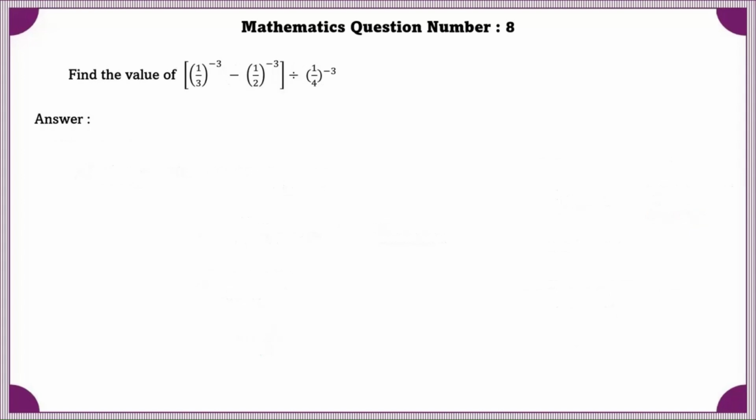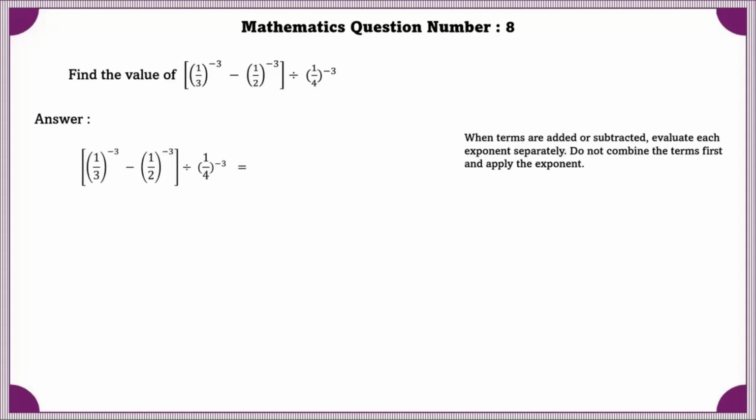Mathematics question number 8. Find the value of 1 by 3 whole to the power minus 3 minus 1 by 2 whole to the power minus 3 whole divided by 1 by 4 whole to the power minus 3. When terms are added or subtracted, evaluate each exponent separately. Do not combine the terms first and then apply the exponent.